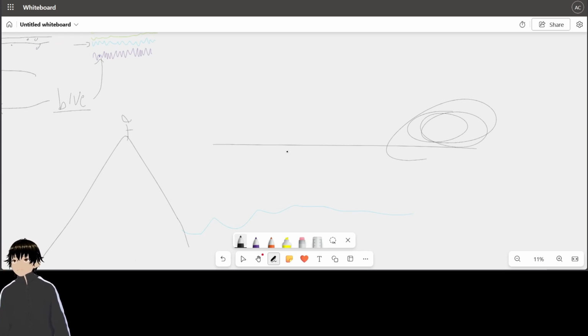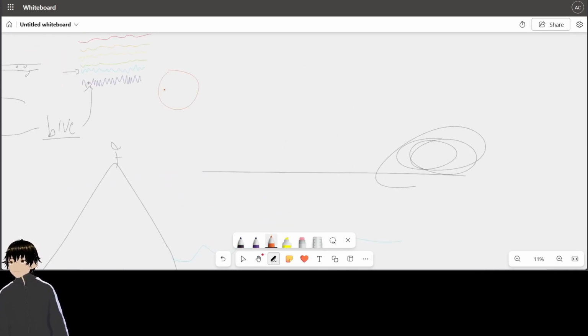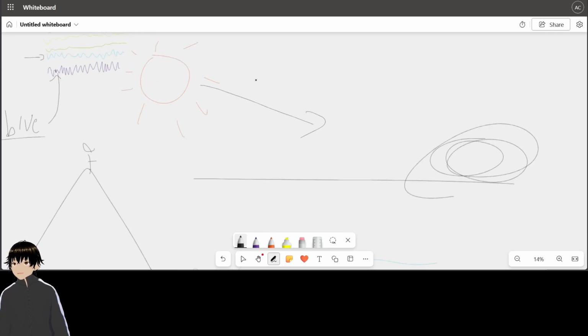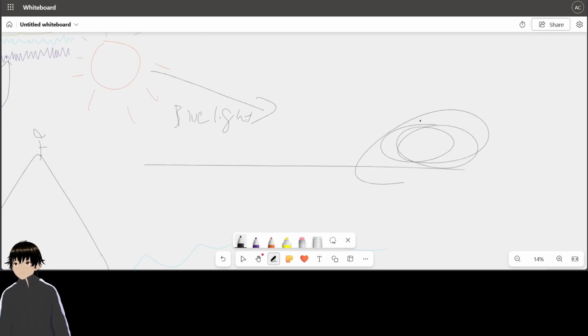Why? Well, because as we've previously discussed, the sun scatters its white light. From this point, you can see blue light. But as you look farther and farther from this perspective, you can see that there is some white light right about here.